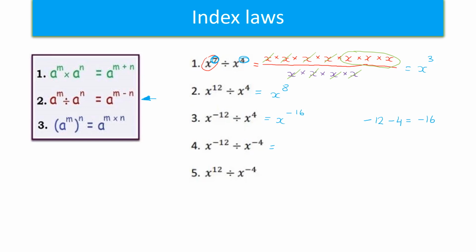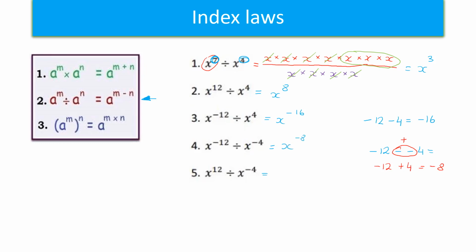So now we've got negative 12, take away negative 4. Remember that those two minuses mean plus. So it's the same as negative 12 add 4, and that is negative 8. So the answer here is x to the power of negative 8.